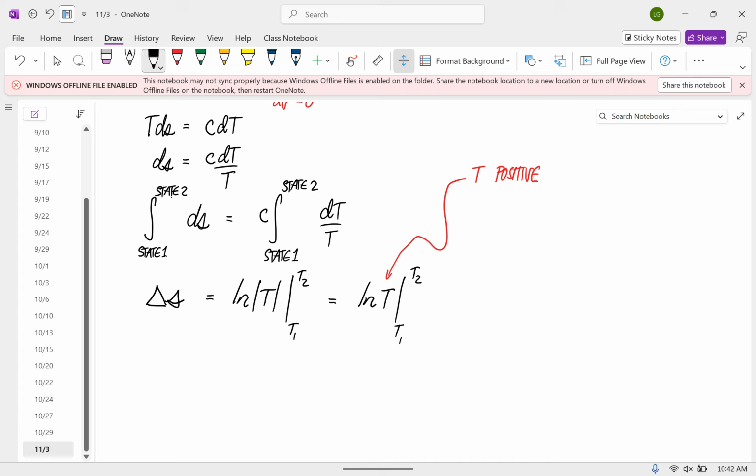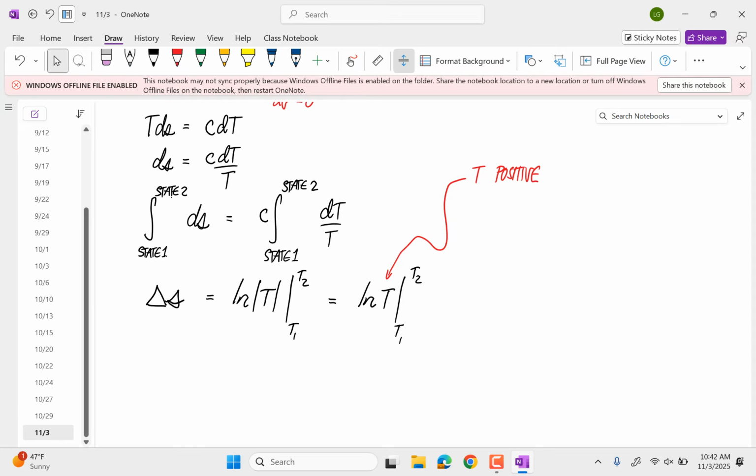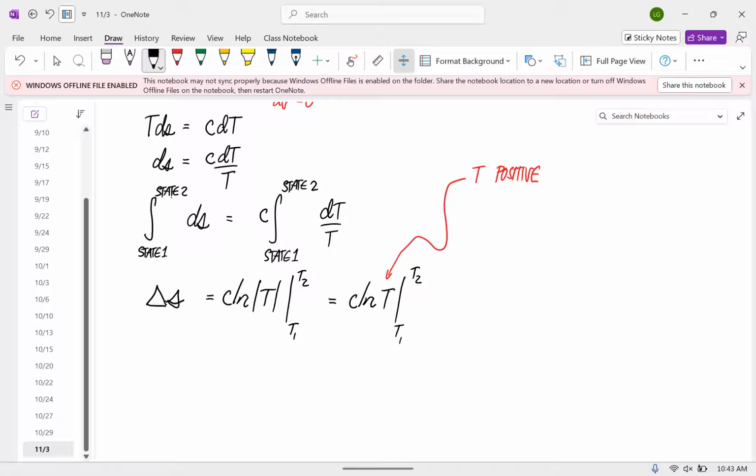What about c? I left that off. And so this is c times the natural log of T2 minus c times the natural log of T1.